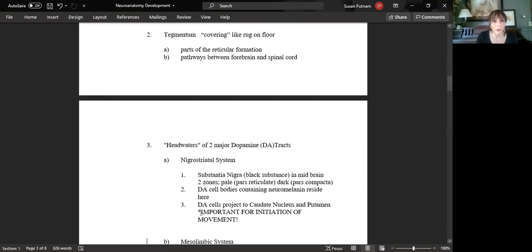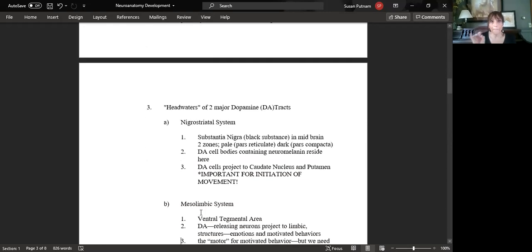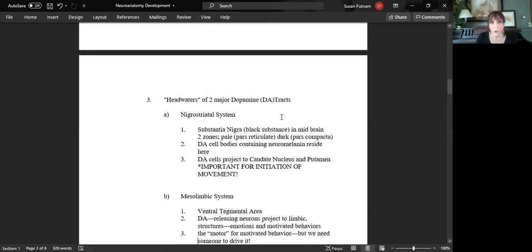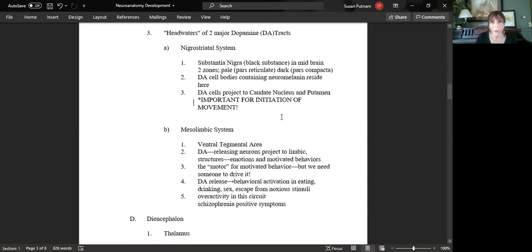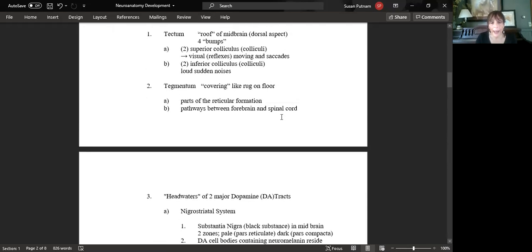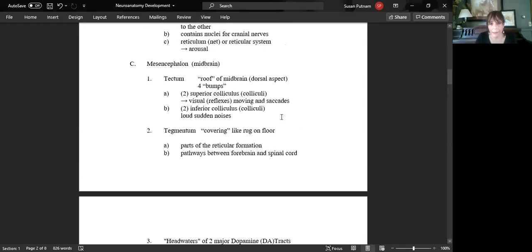We are going to be talking a lot about dopamine once we move into some of the mental disorders. And dopamine is important for so much more. It's important for some movement disorders and also for some emotional types of differences. I'm introducing the headwaters of 2 major dopamine pathways right now, because these are located within the mesencephalon.